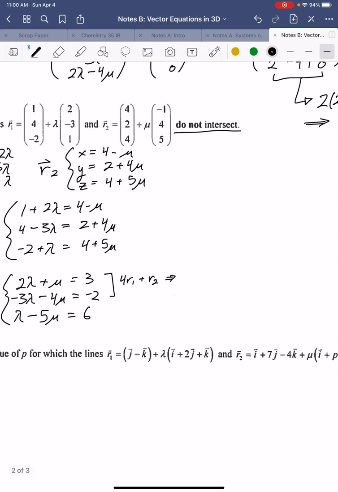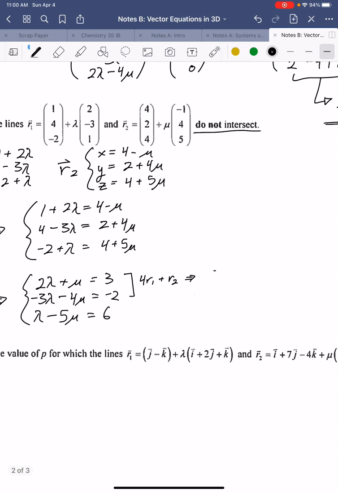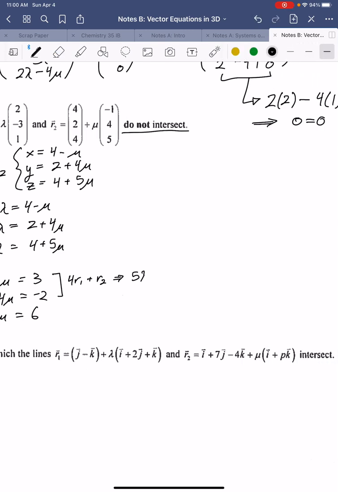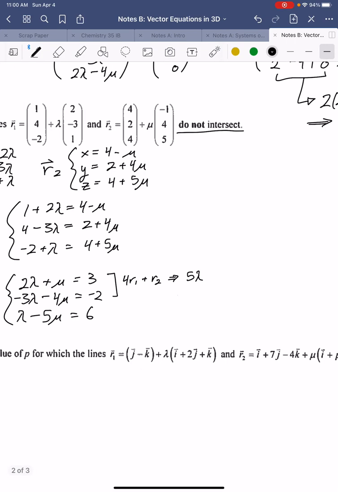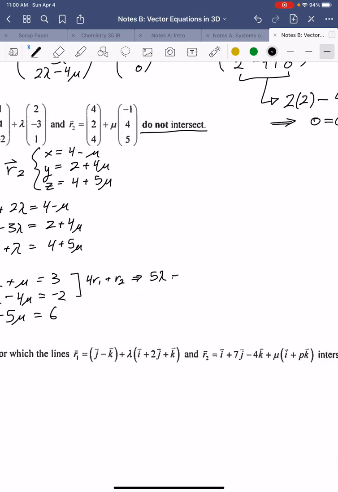So 8 minus 3 is 5 lambda equals 12 minus 2, so 10.